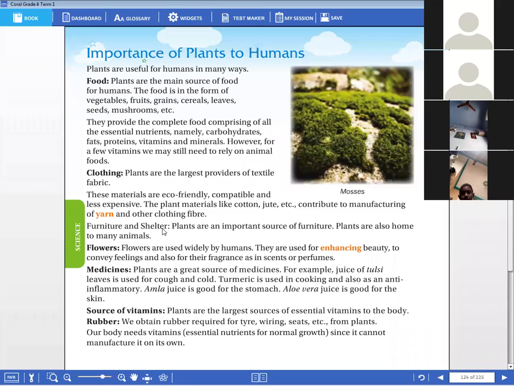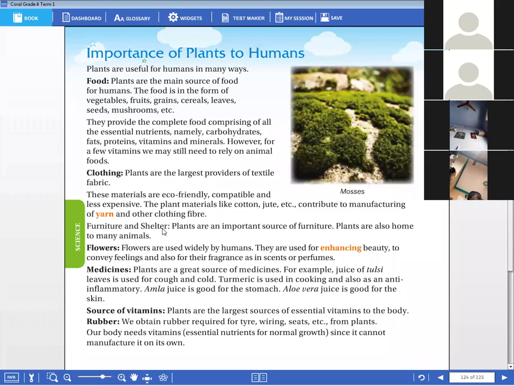If we keep plastic inside the soil, children, it takes several hundreds of years to decay. But when we place some paper or any cotton, anything which we get from plants like leaves, stem, roots, it decays in a number of days, it doesn't take years to decay.